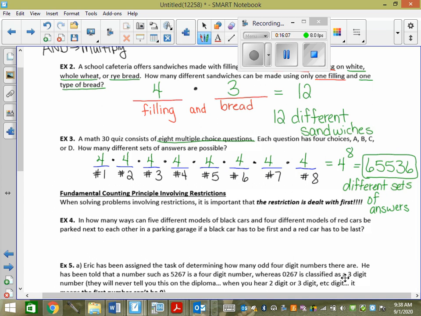So how could they tweak this to be a diploma style question where it's not like I have 8 questions, they have 4 answers each, right? What they could say is, Mrs. Lepp is excited to mark all of these quizzes that she handed out. They are going to be amazing.